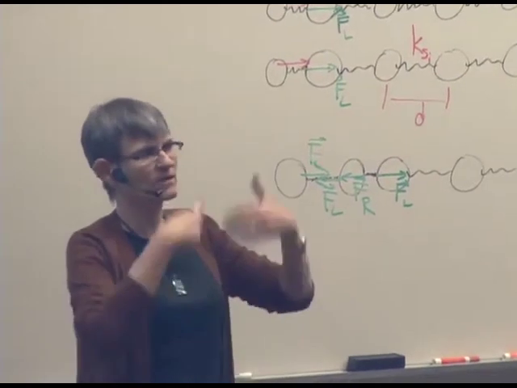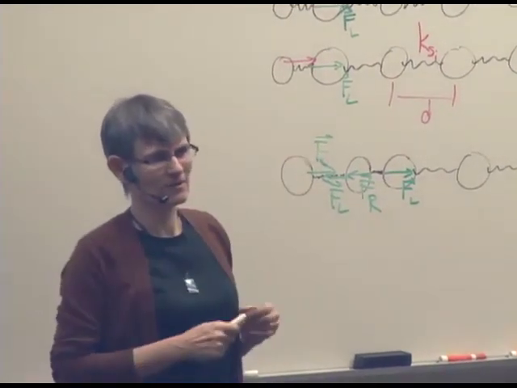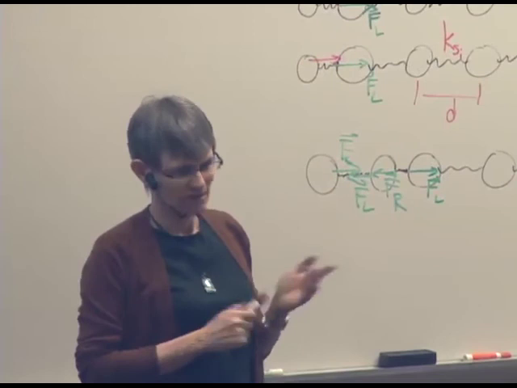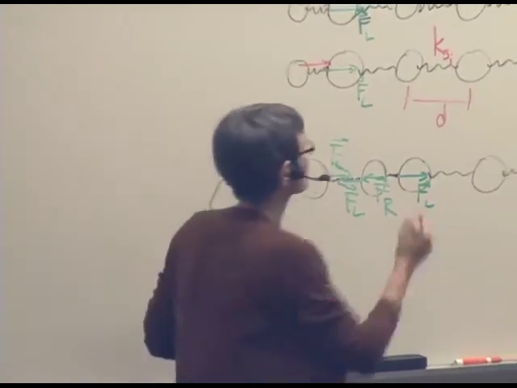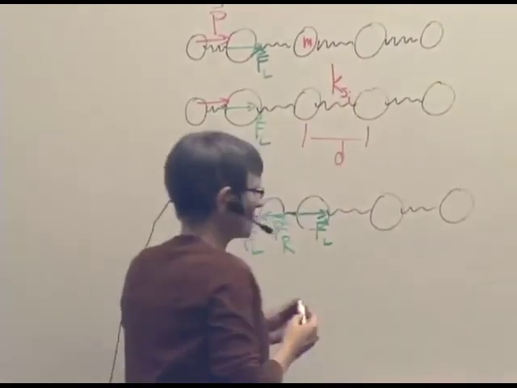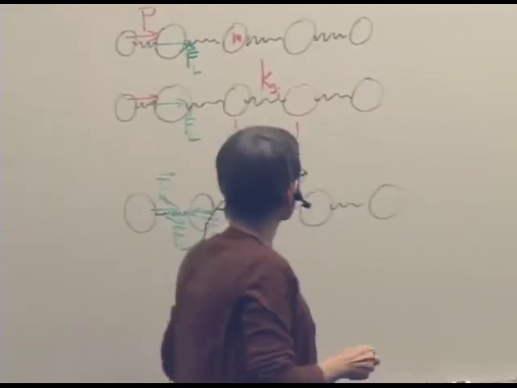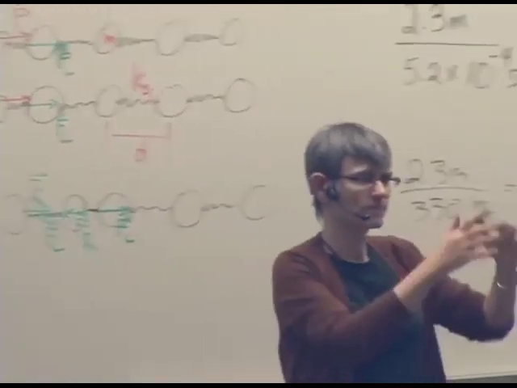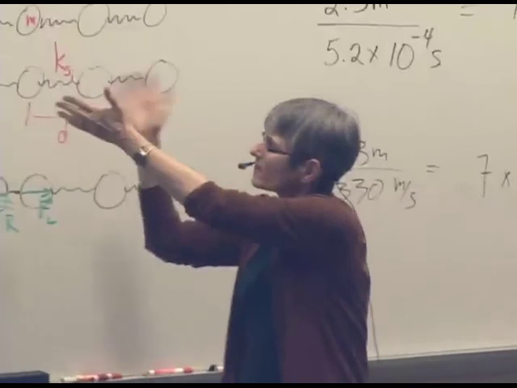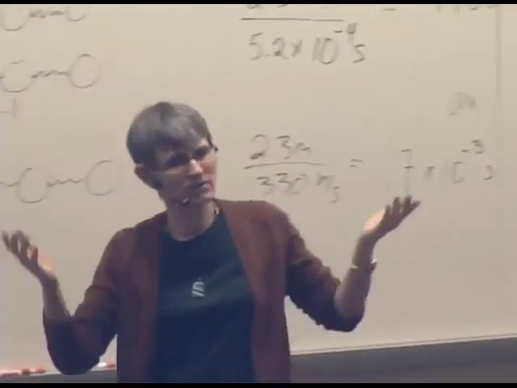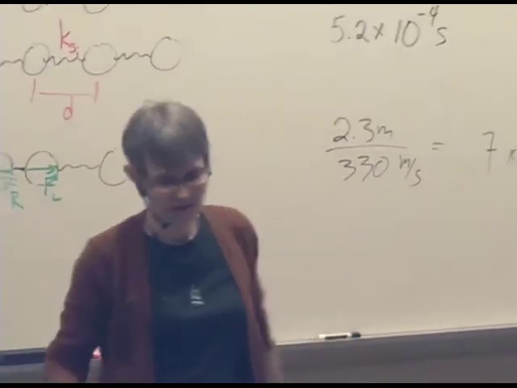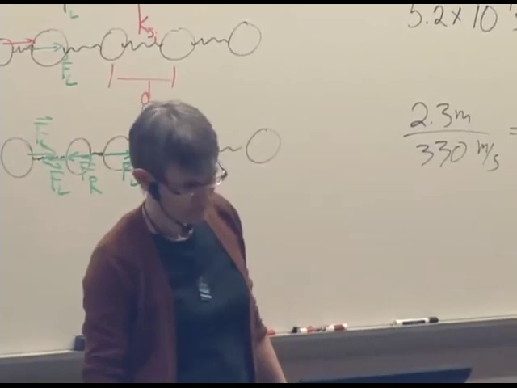Let's go back to density. It's not just radius, it's what else? Atomic mass. So the masses of the atoms are different. So the parameters of our model here are different, so it's not surprising that we're going to get different values for the speed of sound.